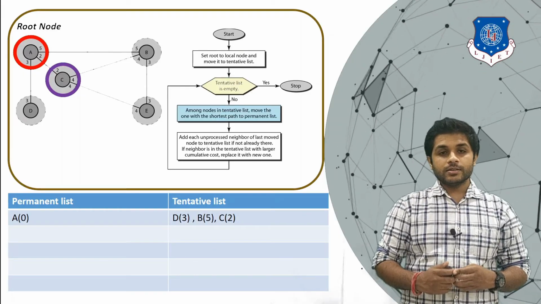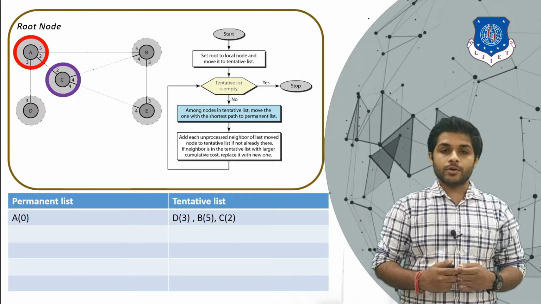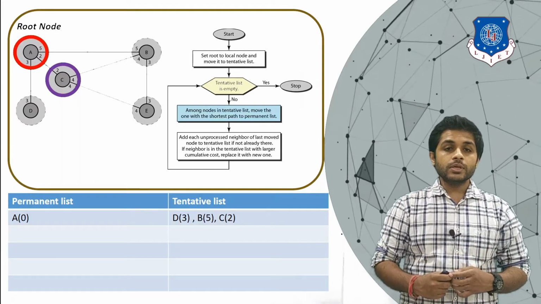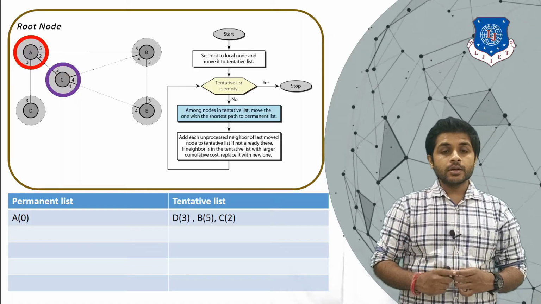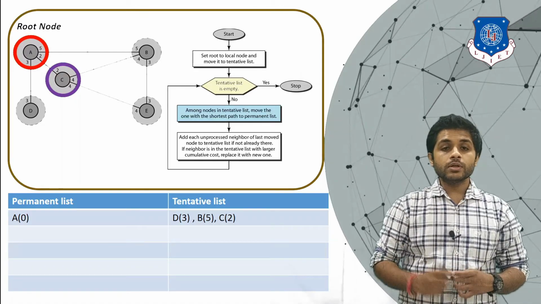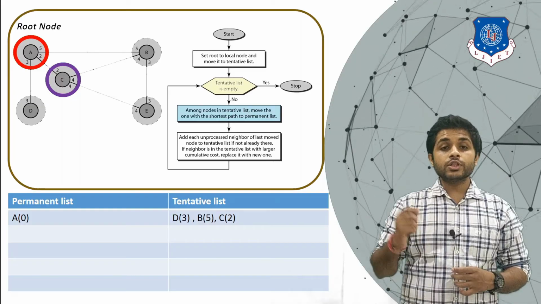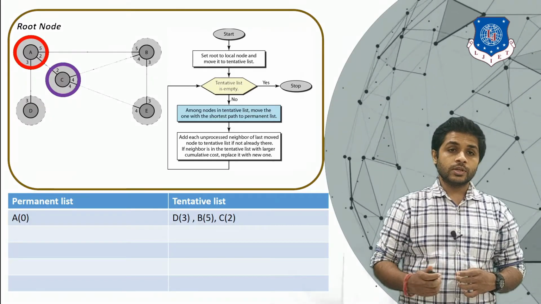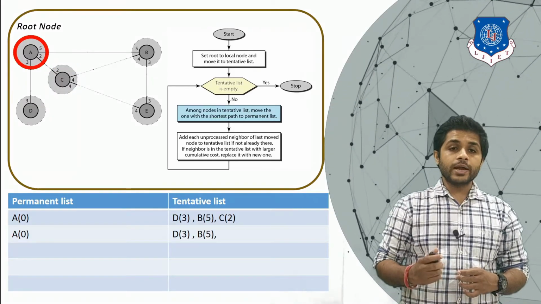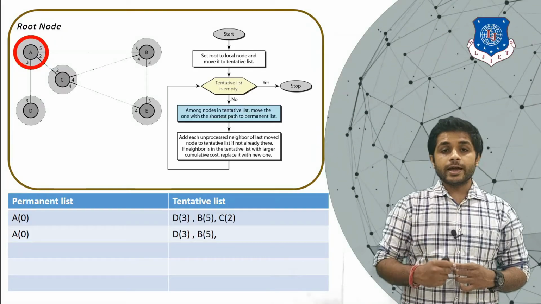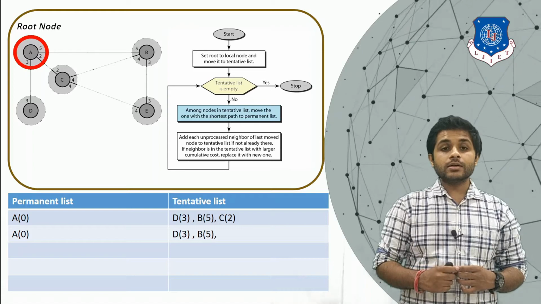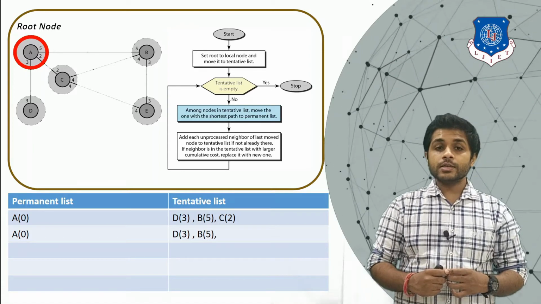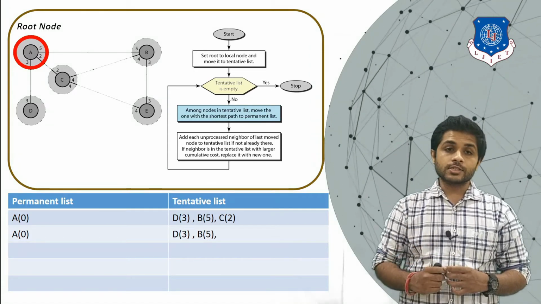After that, the same procedure will be followed. Again, we will move a node from the tentative list to the permanent list. But which node will be moved? The node which is having the shortest distance. So let us write all the nodes as they are, and from all the nodes, the node C is having the shortest distance.